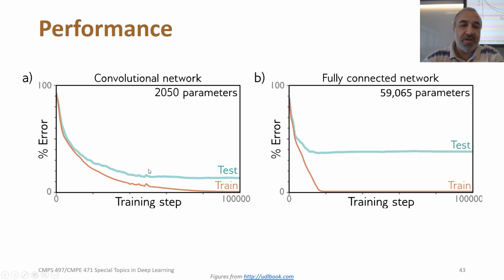The fully connected converged faster in training, but in test the error was really high. Okay, what happened with the convolutional network? The error is less. Okay, so it is much better. Actually, I think maybe the error here is like 50% of that error. I think something like that. Okay, so it reduced the error significantly. But why is that?